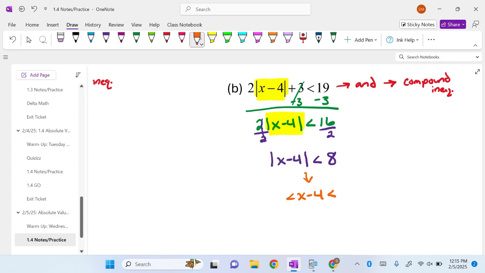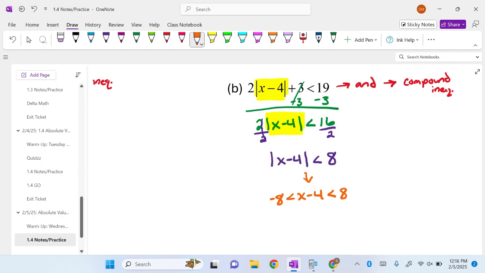So am I going to put positive or negative 8 on the left side here? Negative 8. And so the right side would be 8. In other words, you always put the smaller number on the left, the bigger number on the right. If you think about it numerically, that's how you would write it as well.